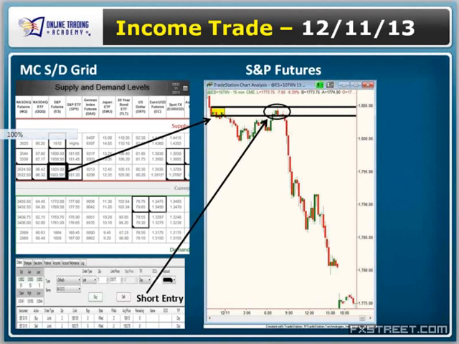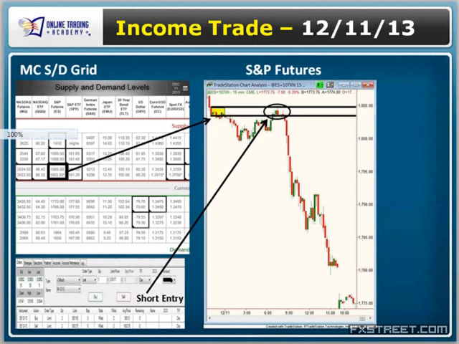So the strategy quantifies supply and demand, obviously, in any market. That allows us to identify price levels where supply and demand is out of balance in a big way. And that is the key to low risk, high reward, and high probability trading, because price always turns at levels where supply and demand are out of balance.